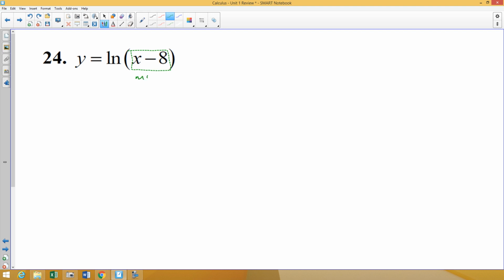So this must be positive, which means this natural log will only work if the inside, also known as the argument, is greater than 0. We'll add 8 to both sides, and my domain ends up being all values of x greater than 8, which means I'm starting at 8 and going all the way to infinity.